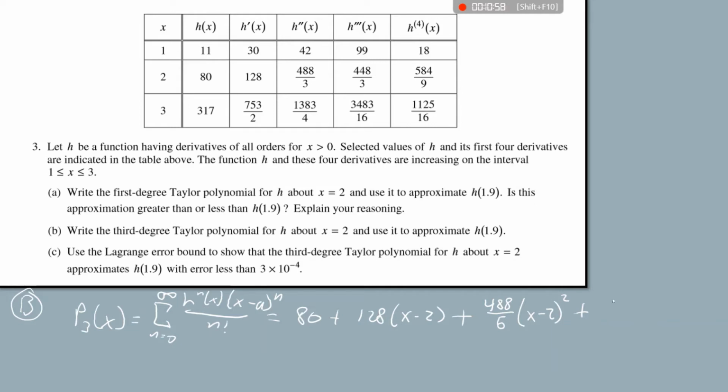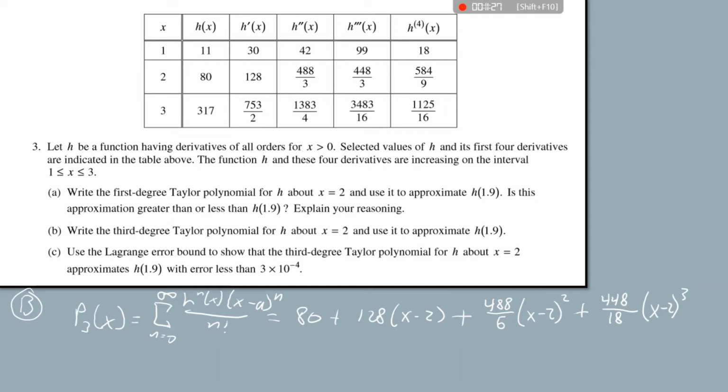Yeah, 448 over 3 times (x minus 2) cubed over 6. So what number should it be? Should it be 30? No, 18. There we go. So that's our 3 we originally had times 3 factorial, which is 6. 3 times 6 is 18. Okay, cool.